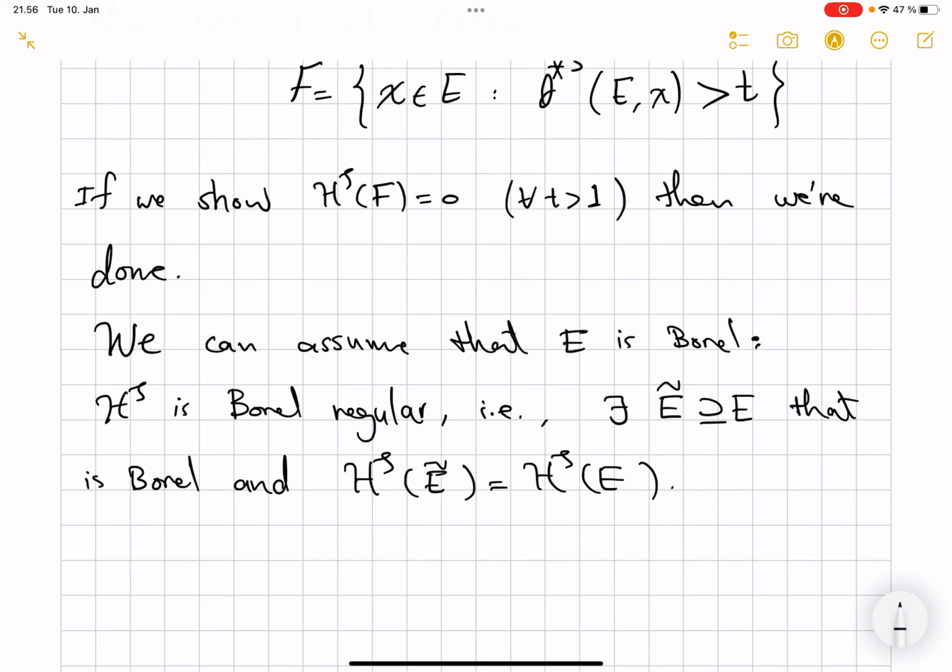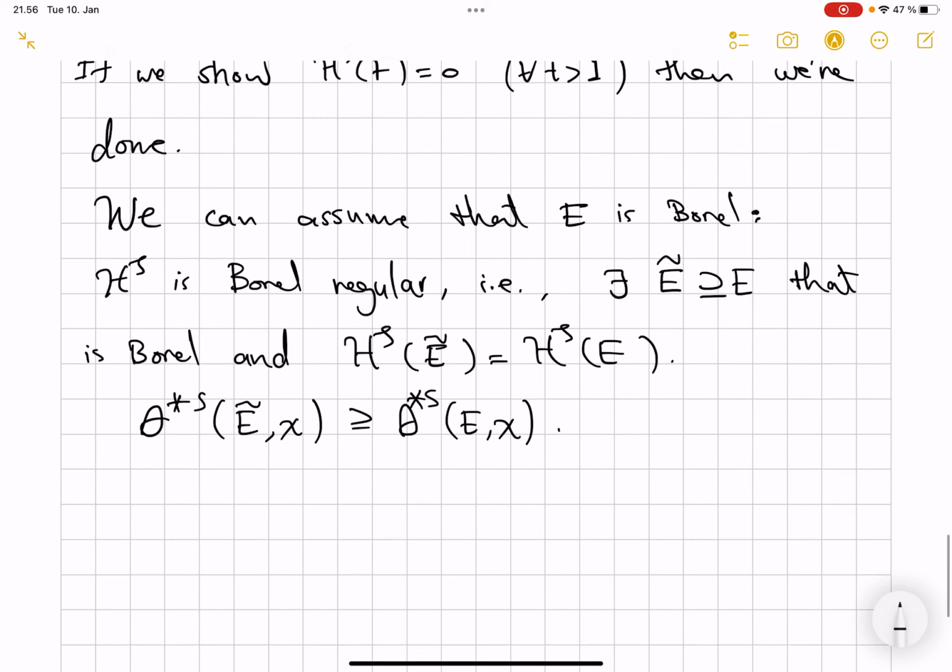And the enlarged set is Borel. And notice that the upper densities of E tilde at any point are at least as much as the upper densities of E at that point, simply because E is a subset of E tilde.